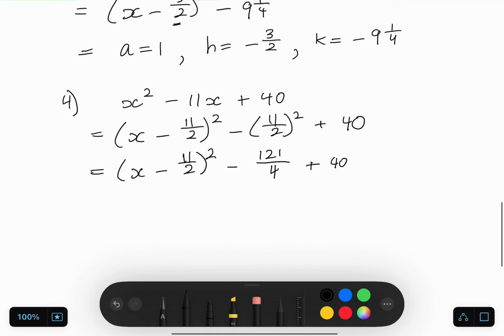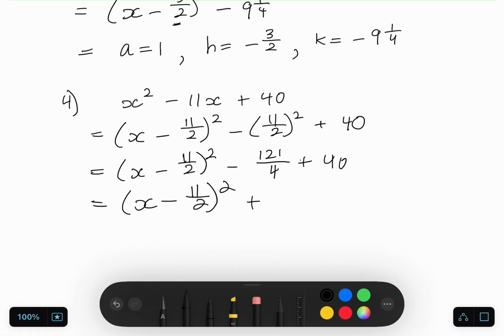I mean, you could work this out on your calculator. I worked it out on the calculator. So minus 121 over 4 plus 40. All right, so this would be (x - 11/2) squared, and 40 minus 121 over 4 is actually positive 9 and 3 quarters.